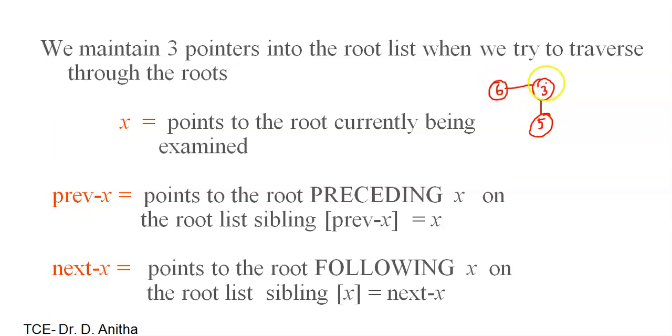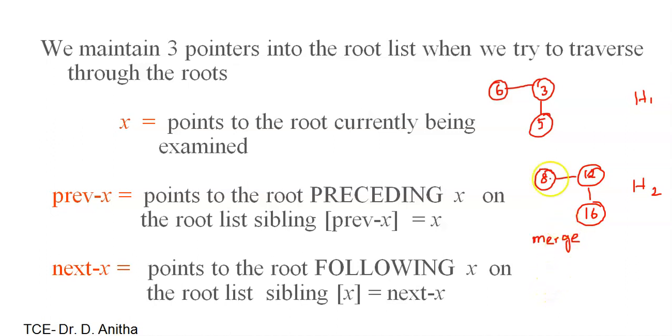So this is one binomial heap, and I have another binomial heap like 8. This is H1 and this is H2. Now you have to combine these two heaps with the union operation. In order to do the union operation, first you need to do a merge, right?